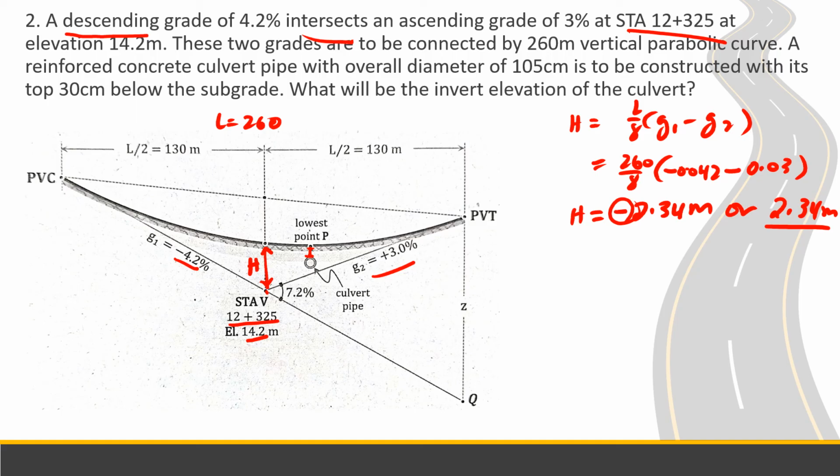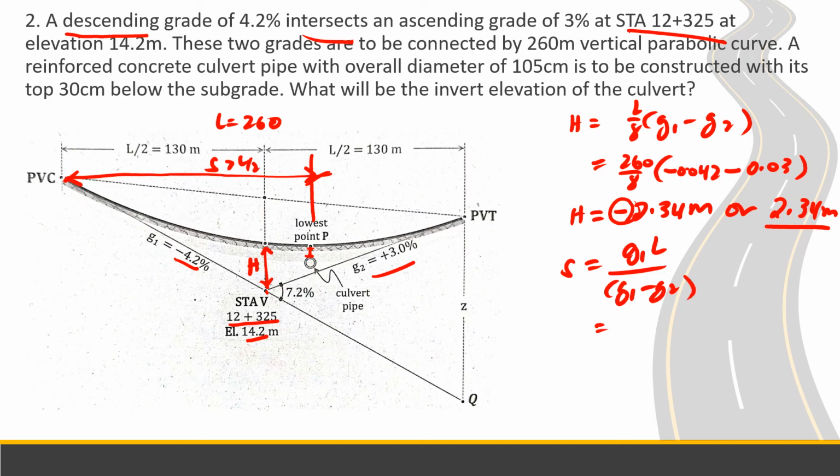Now we will find the location of the lowest point of the curve, or our S. S is greater than L over 2 here. S is equal to G1 times L over (G1 minus G2). This is equal to negative 0.042 times 260 over negative 0.042 minus 0.03.